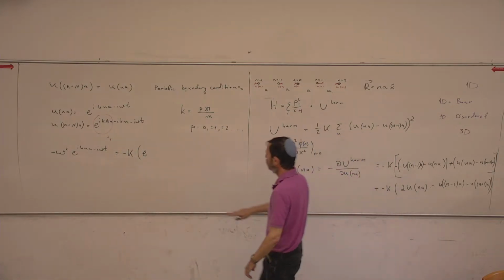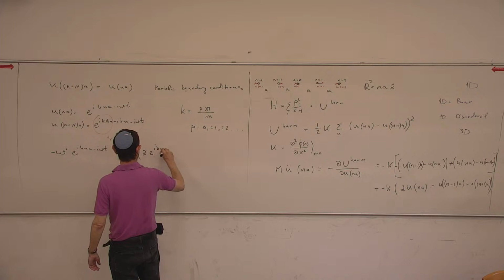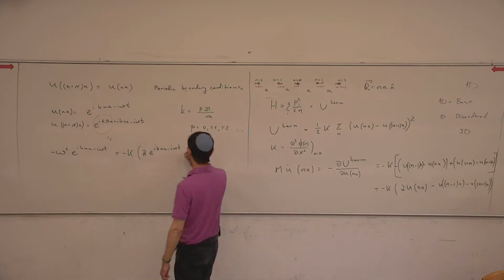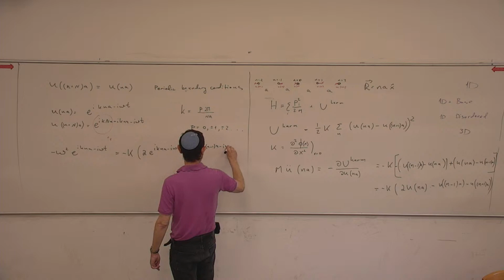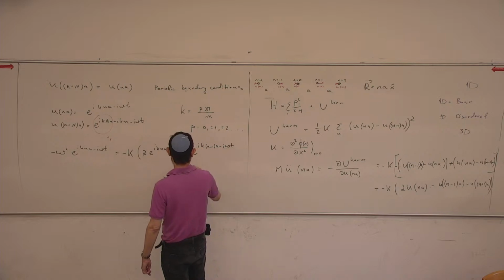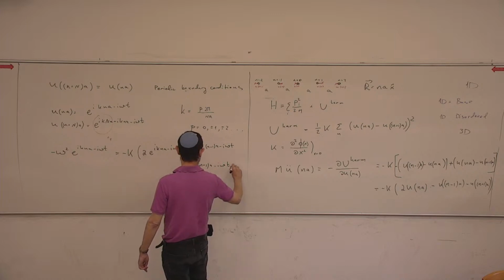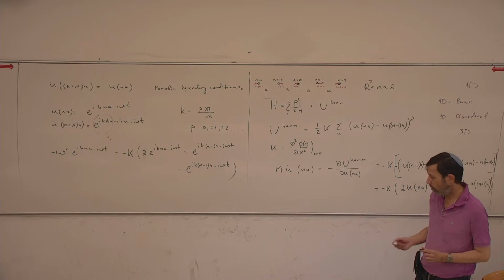Let's use this for 2. Okay, so 2 e to the power i k n a minus i omega t, minus e to the power i k n minus 1 a minus i omega t, minus e to the power i k n plus 1 a minus i omega t. Okay, just substituted our solution into the equation.